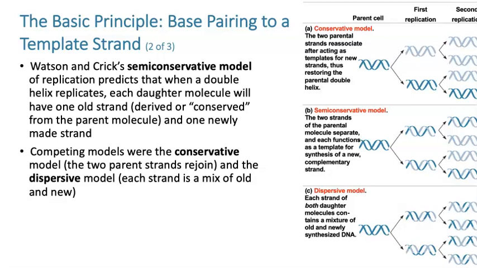So this thing that I've described to you is the semi-conservative model of DNA replication. In fact, Watson and Crick's model does actually predict the semi-conservative model. Each daughter molecule is half old parental and half daughter molecule, and then we get the newly made molecule.